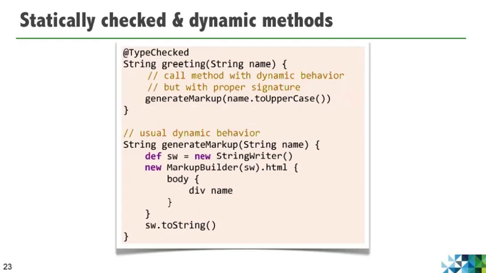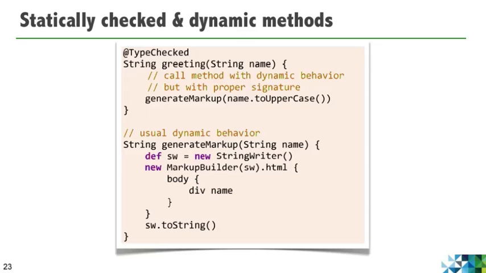As I said a little bit earlier, you are able to say, okay, I want to type check a certain method, but not the other methods. So, for example, if you want to use a very dynamic feature like the markup builder to generate HTML content or XML content, you can say my greeting method should be type checked. So we check the variables, the method names, the types are correct, etc. But the generate mark method is using a dynamic feature of the Groovy language.